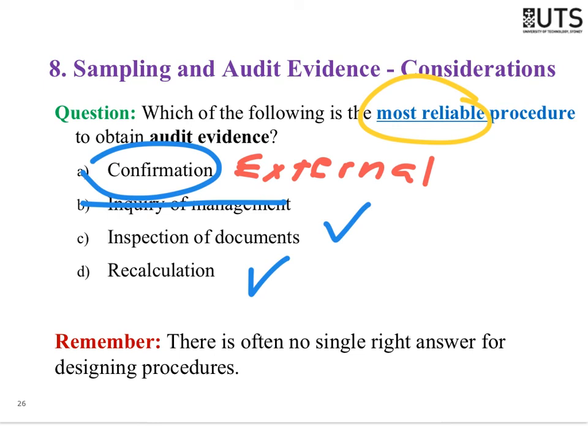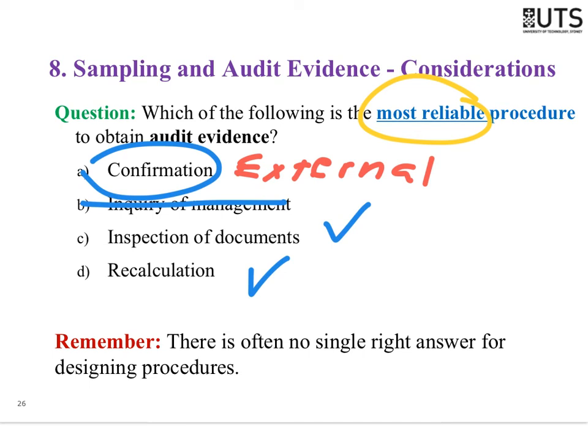Why? Because remember, with confirmations, if we're contacting like the bank or we're contacting customers or we're contacting the suppliers and we're saying, is this information true? Here's the thing that you need to be very mindful of. The reason why before you said that it's most effective to get evidence from a third party rather than the client is because as soon as information goes through the client to get to you, it loses reliability.